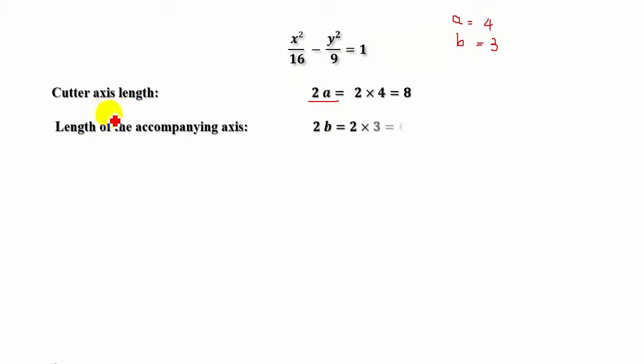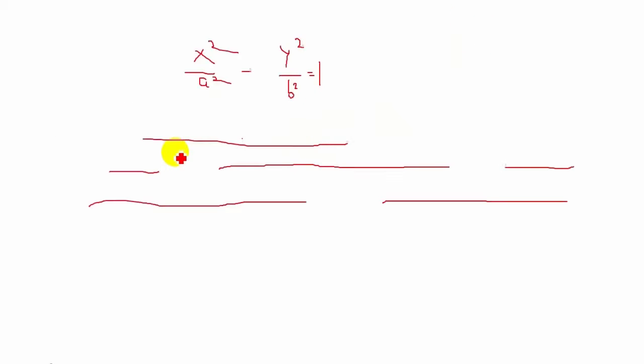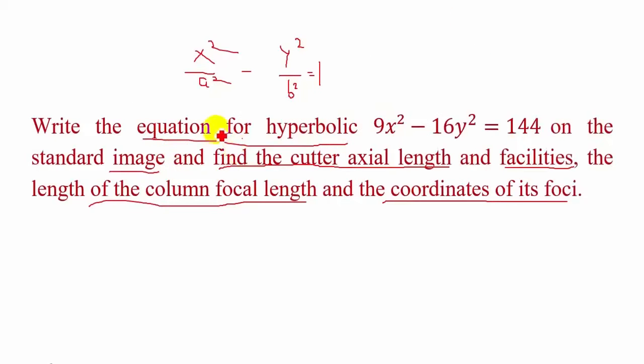So from here I will get the cutter length, the cutter axis. As a companion one, it will be a function of b. So b equals 3, so it will be 6. See, up to now we get three things. I have here 1, 2, 3.